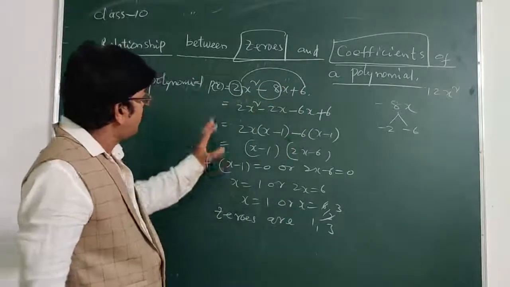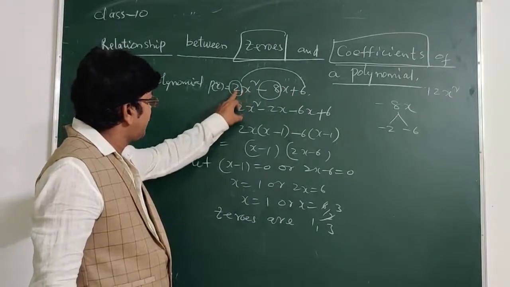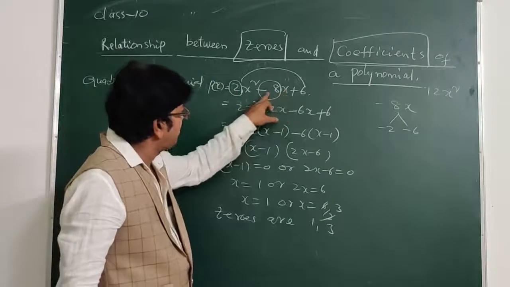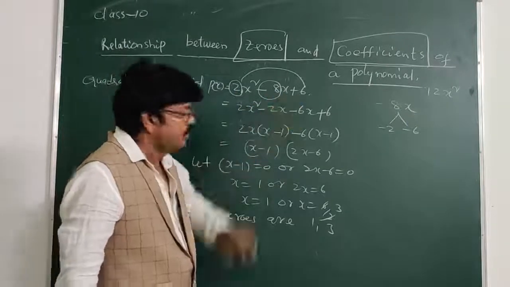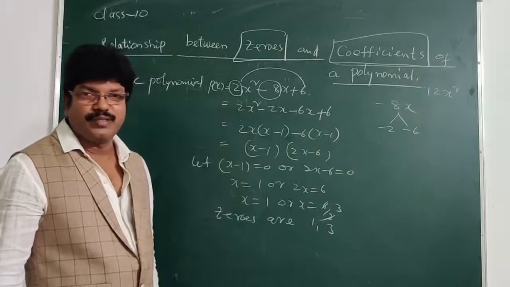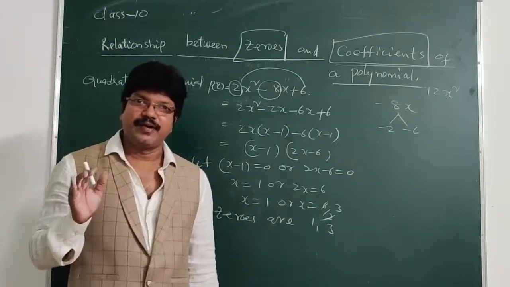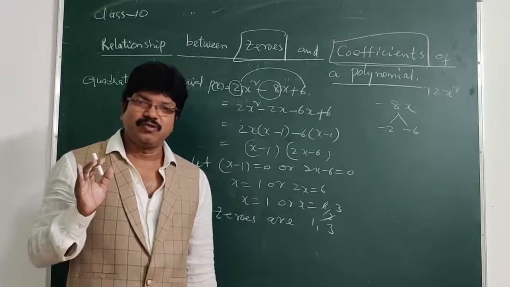What are coefficients? The x square coefficient is plus 2, the x coefficient is minus 8, and this is the constant term. Did you get clarity?